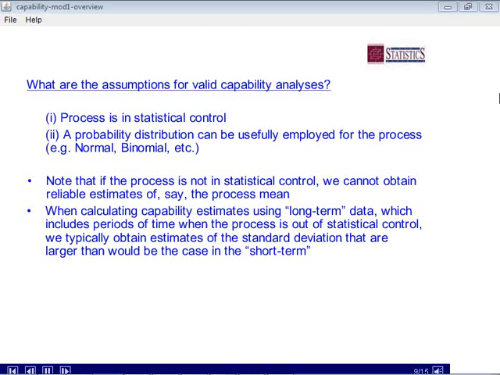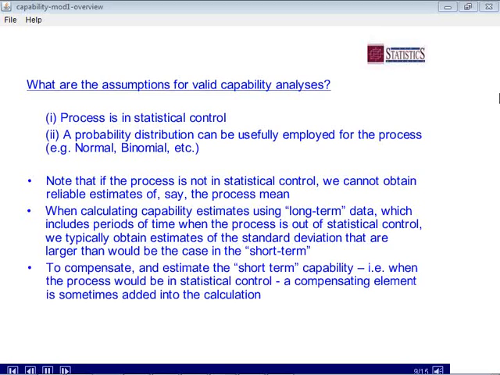In that regard, you probably have access to a fair amount of historic data. So you may be tempted to use a big old standard deviation for all of these particular data points. If you do that, then of course this so-called long-term data may well be including periods of time where the process was all over the place, out of statistical control. If the process is not stable, then I can't really put my hand on my heart and say, this is what I expect the process to give me when it is stable.